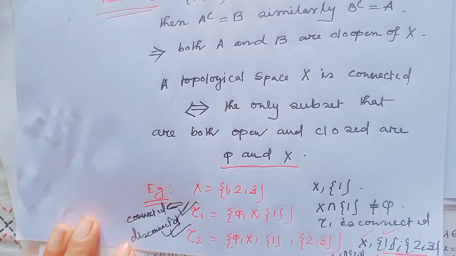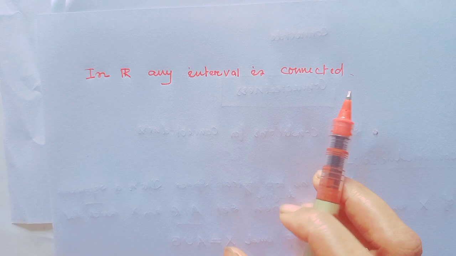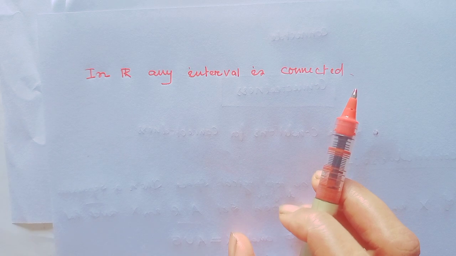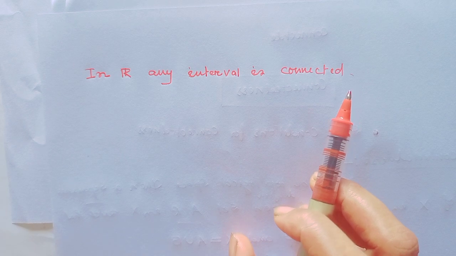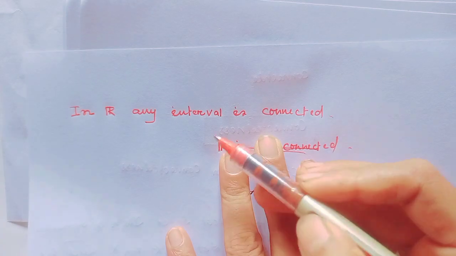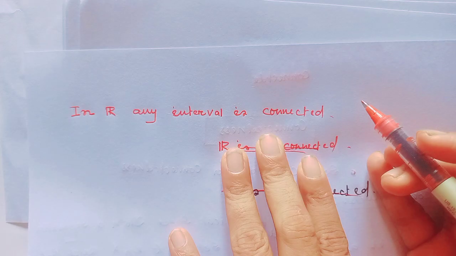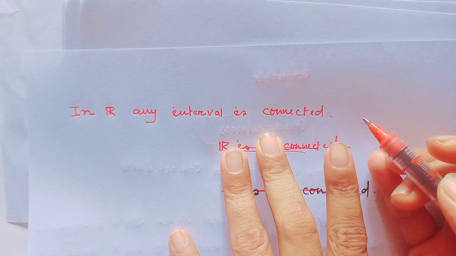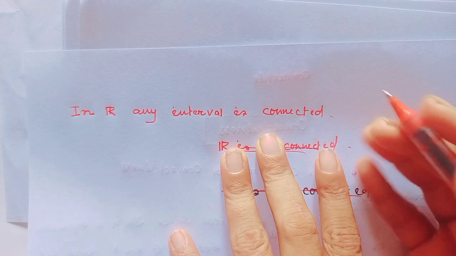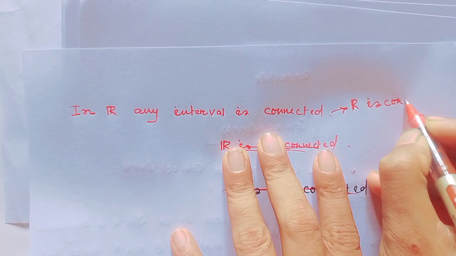Okay. And in R, any interval is connected. This proof is very easy, and in any standard book this proof has been given. Since any interval in R is connected, R is a connected set.